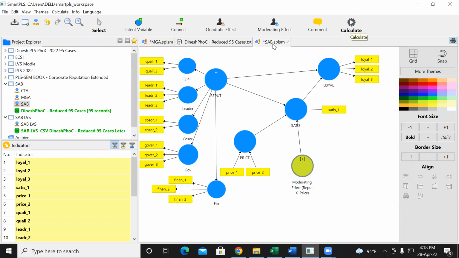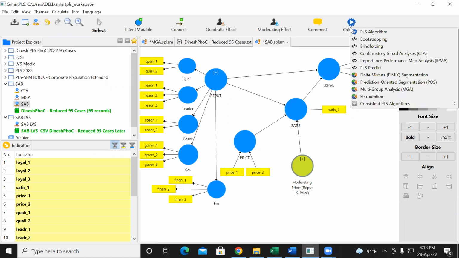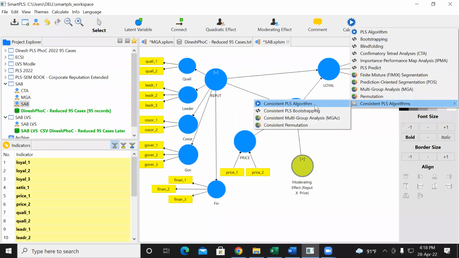Now, I will run the model. Last time I mentioned we are not going to run the normal regular PLS algorithm and the bootstrapping. I gave the reason last time. Here I will use the consistent PLS algorithm to develop the path coefficients and the factor loadings.